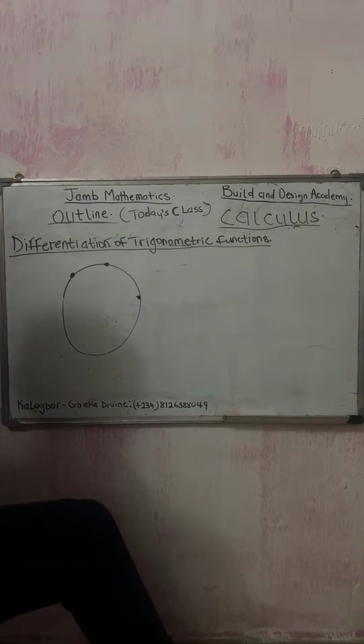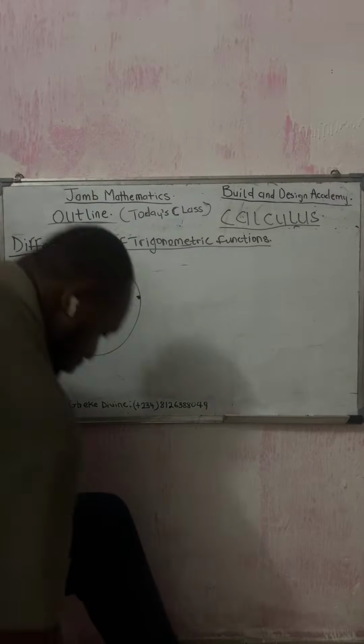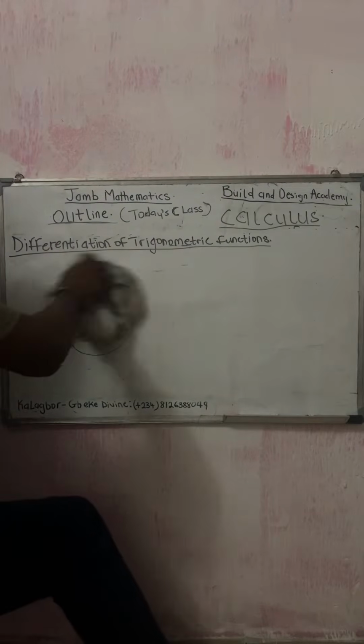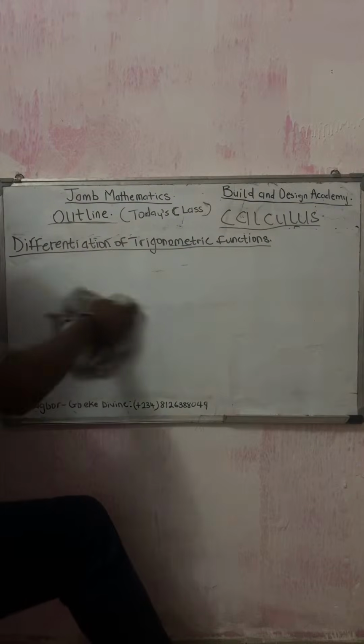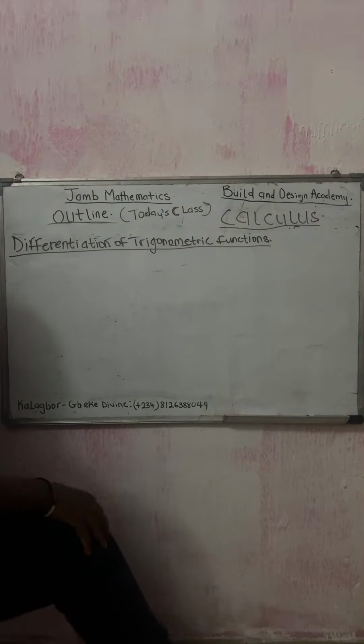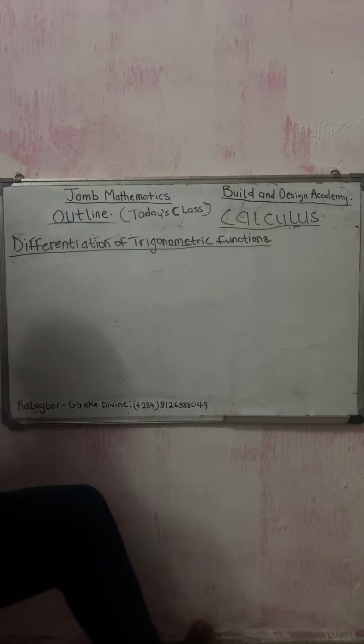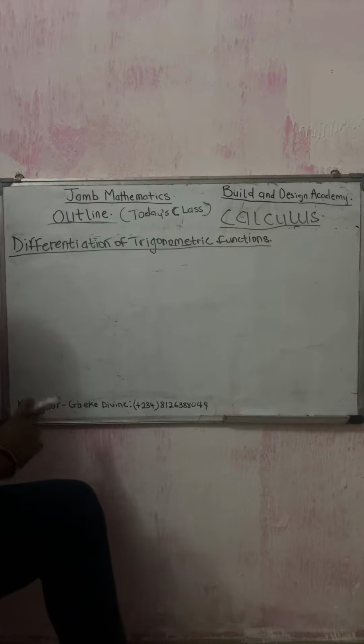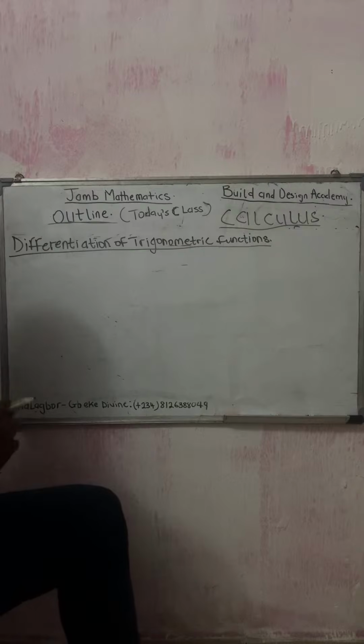So now, trigonometric differentiation, take note, involves finding the rate of change for functions that oscillate, like sine and cosine.